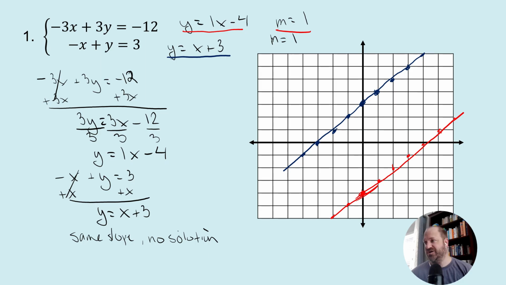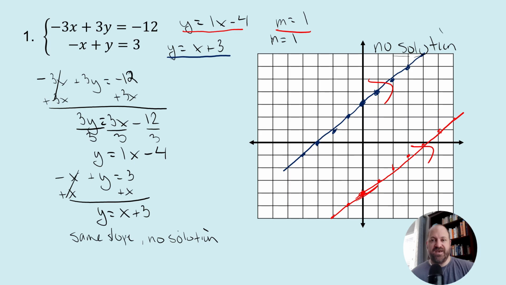So these lines are going to be parallel to each other. They have no point of intersection. So on the graph, when we see something like this, we know we have no solution as well. So that's what the system looks like on the coordinate plane. We're going to have a set of parallel lines that don't intersect and have no solution.